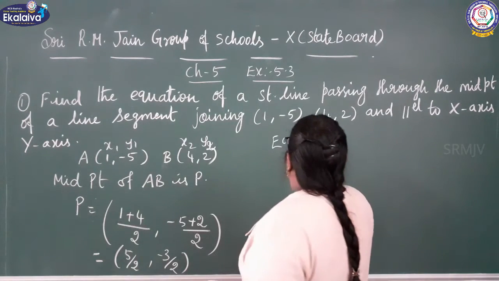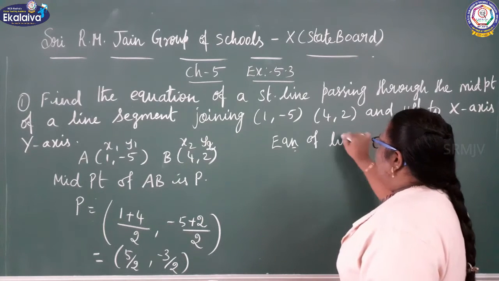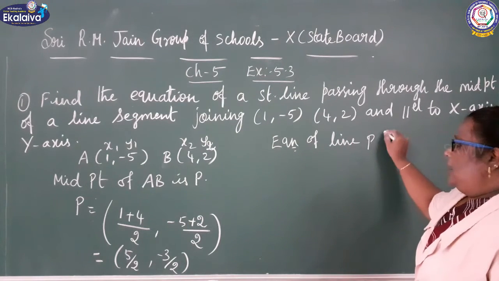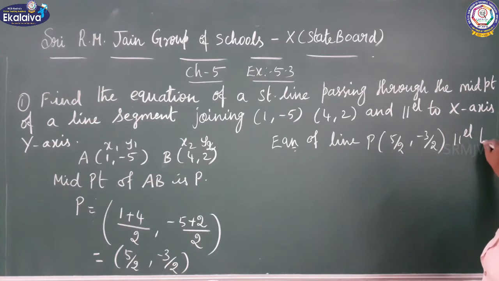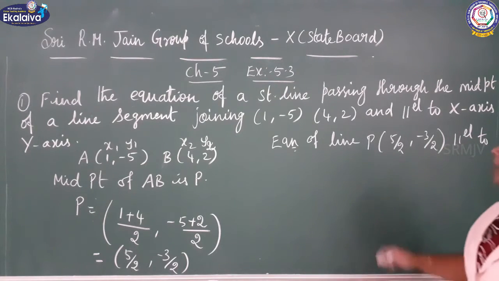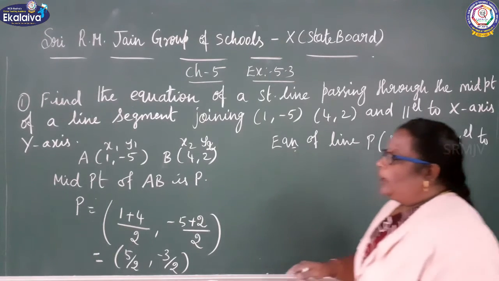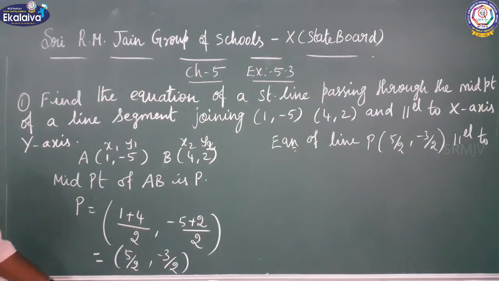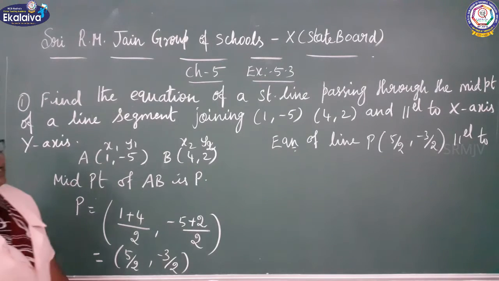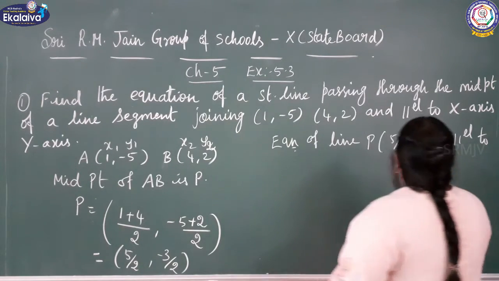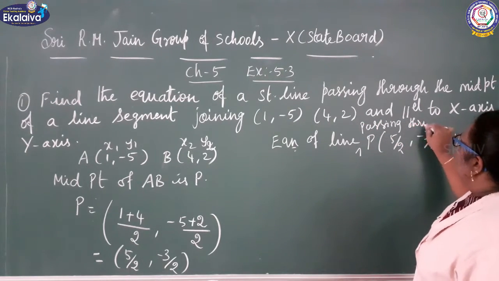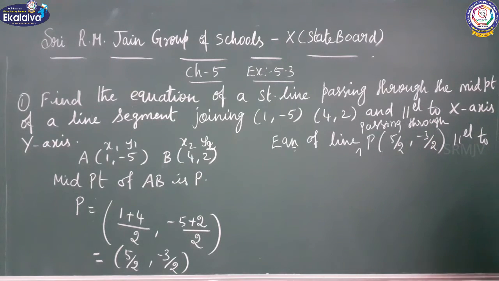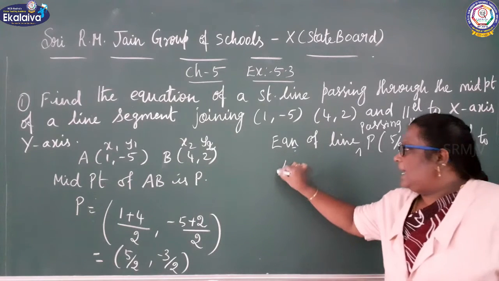Equation of a straight line passing through the point P (5 by 2, minus 3 by 2), parallel to x-axis.